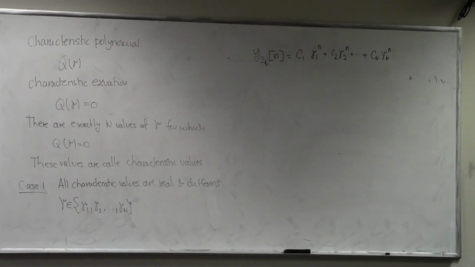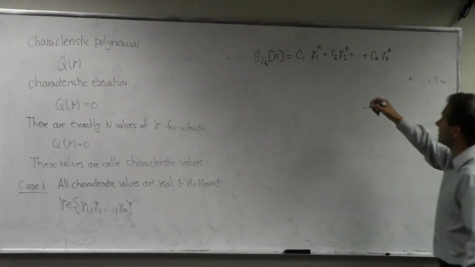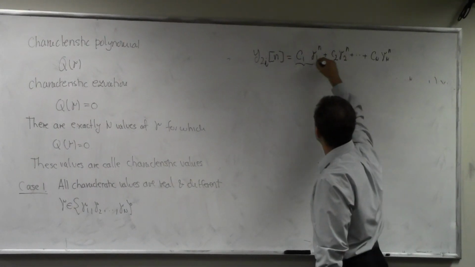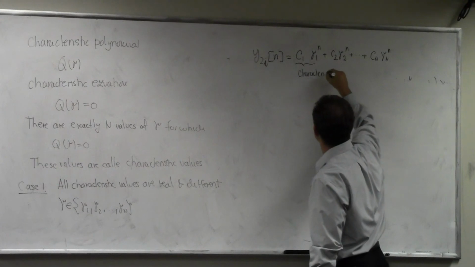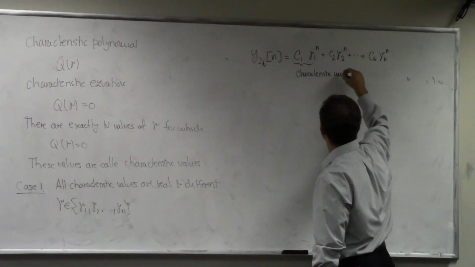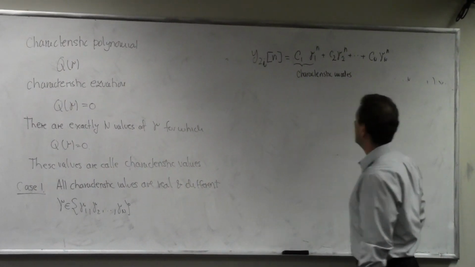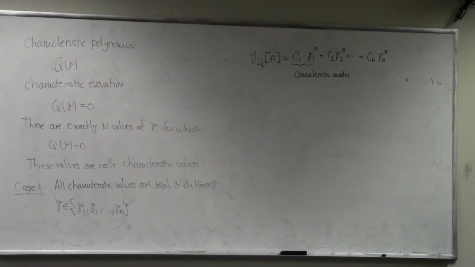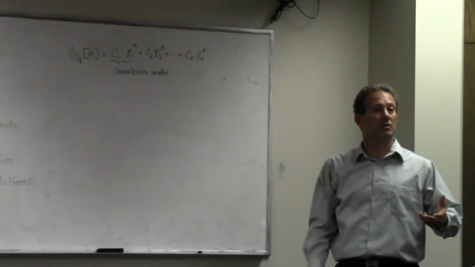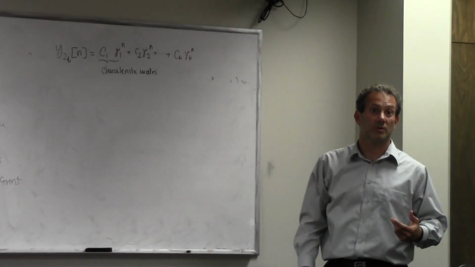Again, just like in the case of the discrete, these are what we call characteristic modes. And the system left just to its initial conditions responds as a linear combination of characteristic modes.